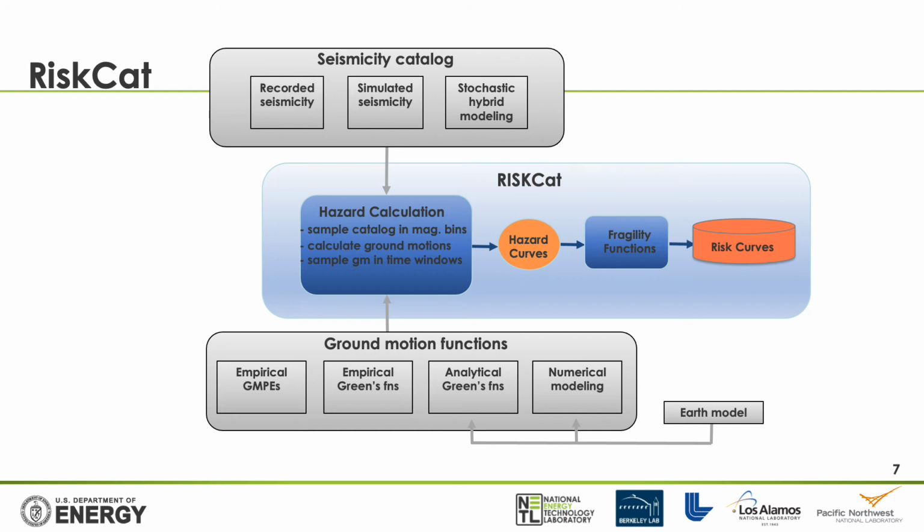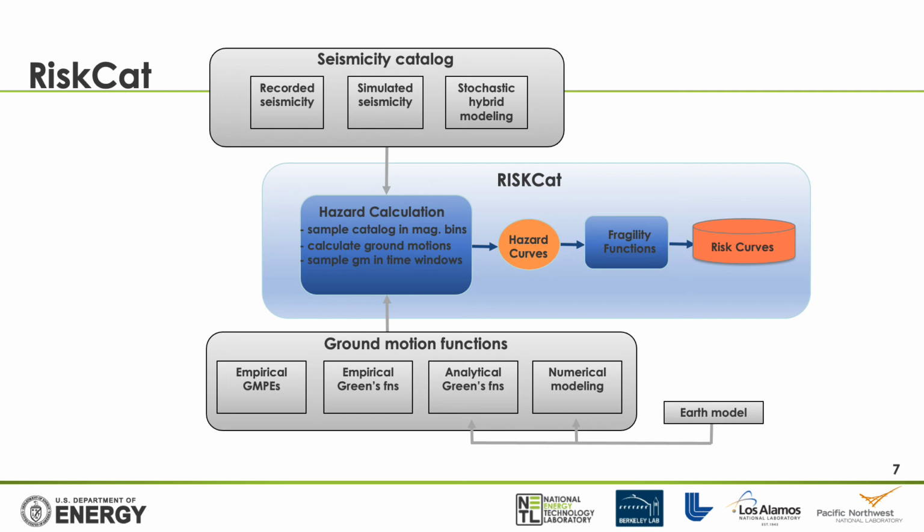This RISCAT tool provides a variety of ways of doing ground motion prediction. This includes empirical ground motion prediction equations, various analytical functions, and also the ability to do numerical modeling. Together, the expected seismicity and the resulting ground motion provide what we call your hazard.